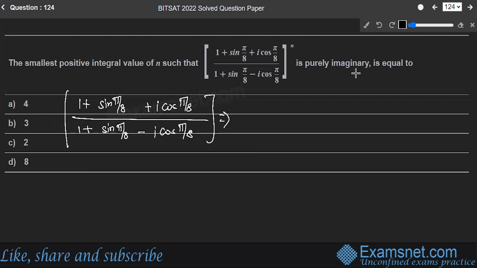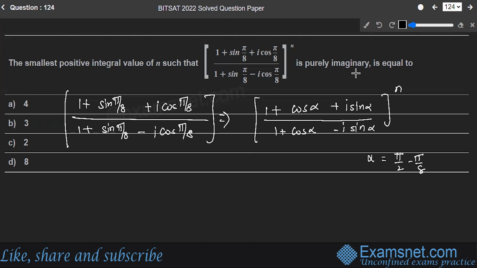This can be written as something, see, if I compare it with (1 plus cos alpha plus iota sine alpha) divided by (1 plus cos alpha minus iota sine alpha) raised to power n. See here, alpha is equal to, I will take pi by 2 minus pi by 8. Okay, that's what, because here is sine pi by 8 and I have converted that into cos alpha. So I'm taking here alpha is equal to pi by 2 minus pi by 8. Right, according to the question, this is something of this form.